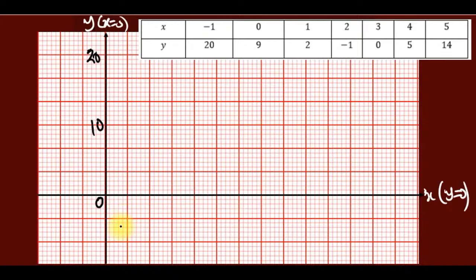And for x, we are counting 2 cm to 1 unit, so here is minus 1, 1, 2, 3, 4, 5. Okay. So we have our axis and origin.